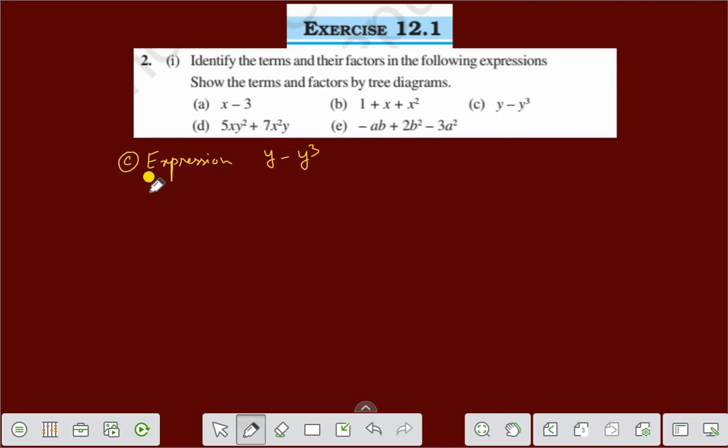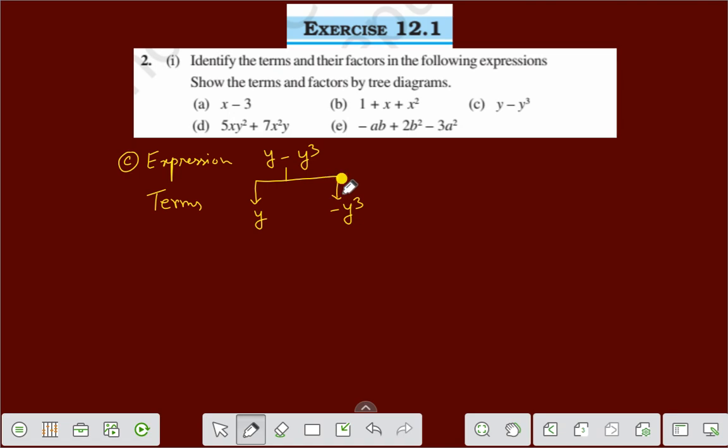Therefore, the various terms we can write as: one term is y and another term is minus y cube.